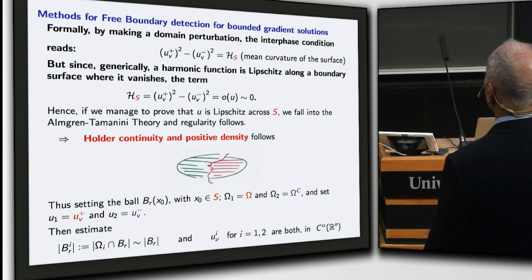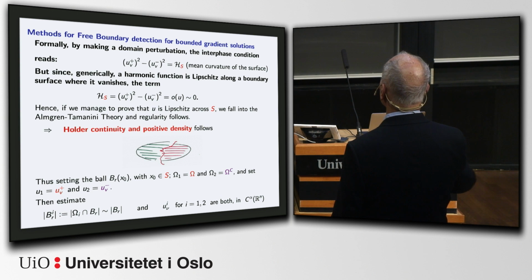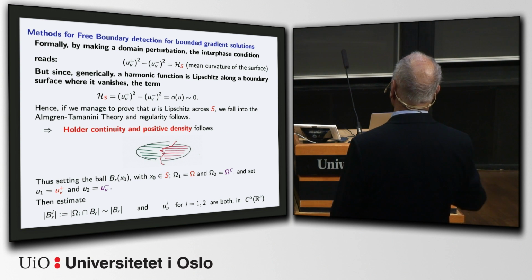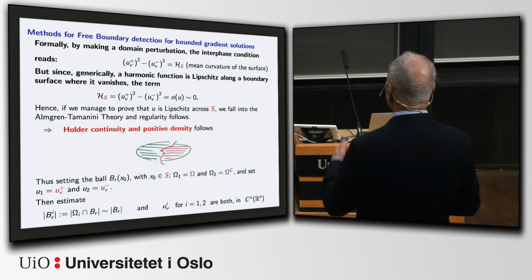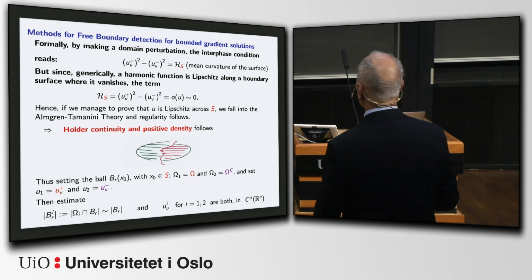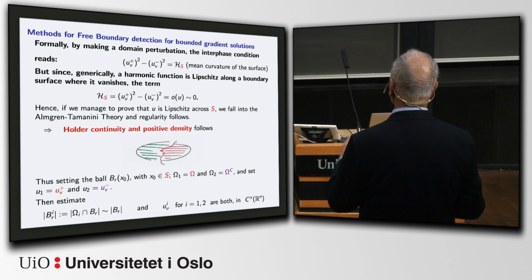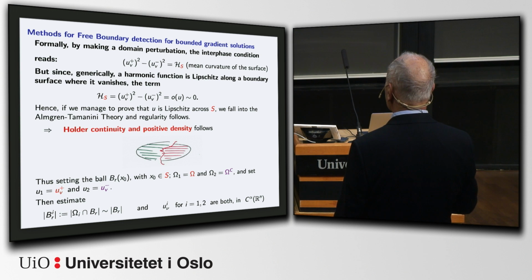Okay, here it is a little bit what I said, that you have a harmonic function which is Lipschitz along a boundary surface where it vanishes, or that's the case I say, right? Or they have the terms where the gradient of u plus squared minus the gradient of u minus squared is equal to 0. So I think it's an interesting thing that you can look at carefully.